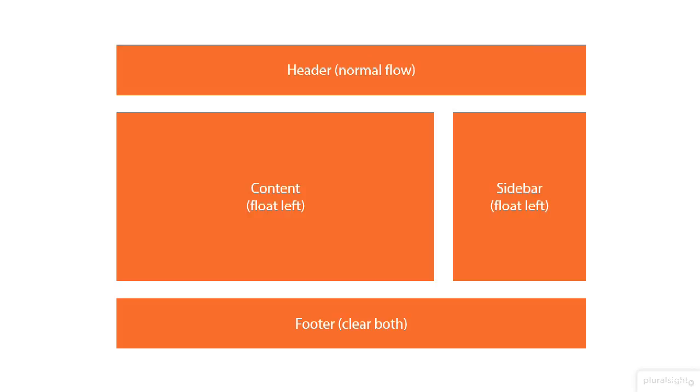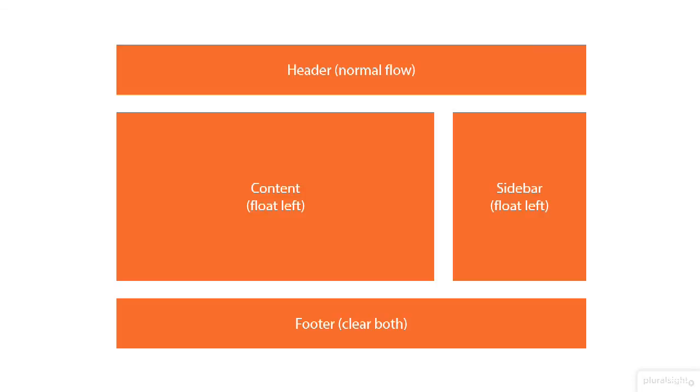The element is set with float left, meaning it's going to go to the far left side of the page. The sidebar, again a block element, now needs to go to the right of the content, which will work since we have marked it as being a float also.